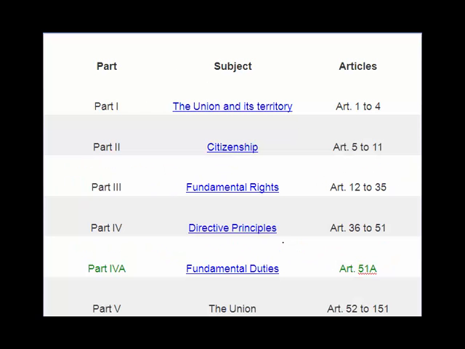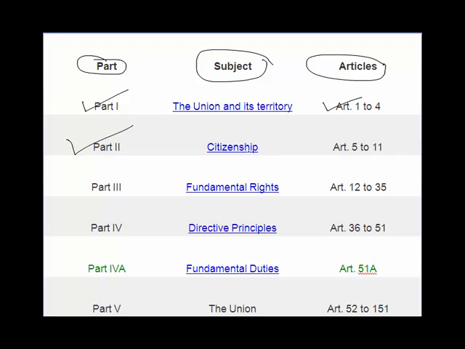See here I have given just a snapshot of the constitution. It consists of parts, the subject, and the articles included. Suppose in part 1, how many articles? It starts from article 1 to article 4. Next, in part 2, how many articles?